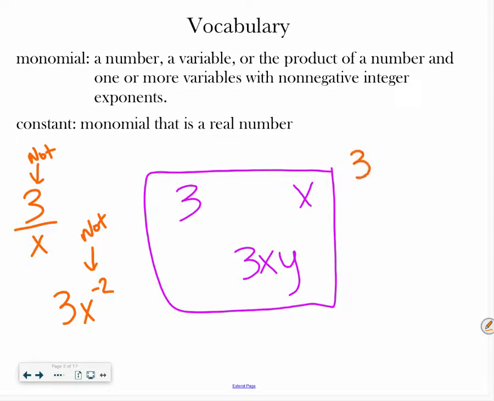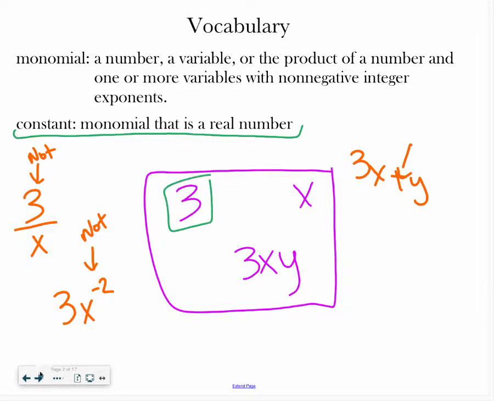Or if I had 3x plus y, that is a non-example because we are adding that x to it. A constant is another form of a monomial, okay? So a constant would be our 3. That would be another example of a monomial.